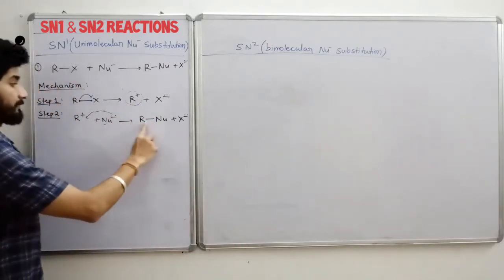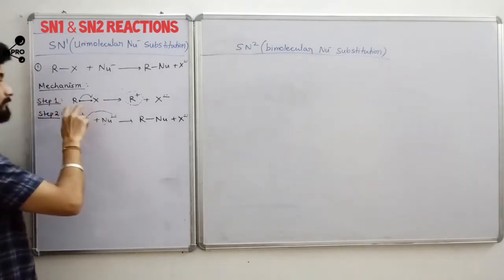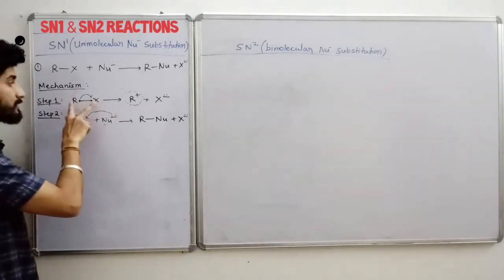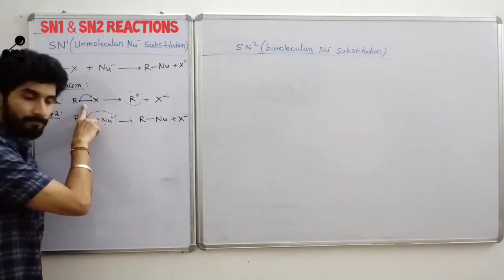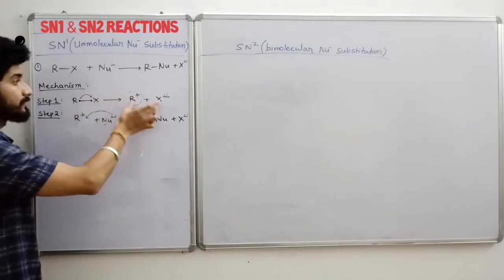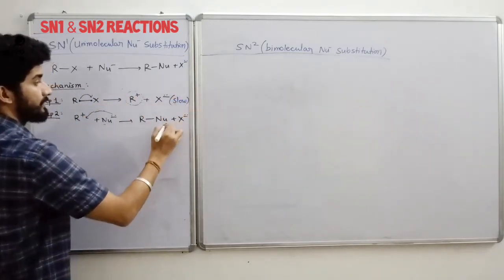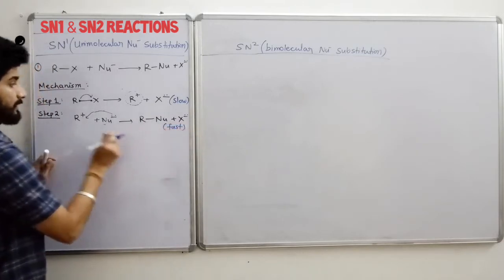So this step is quick because these are unstable, they want to stabilize quickly. But this step is slow. Why? Because this is stable but these are forming unstable ions. So stable to unstable means this is your slow step and this is your fast step. Understand why it is a fast step?